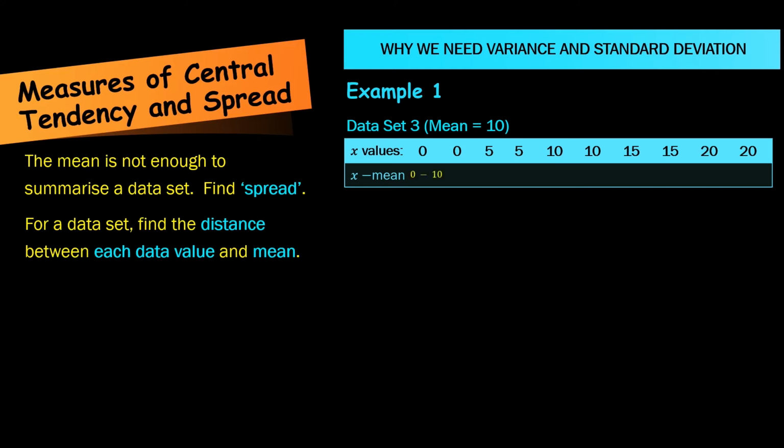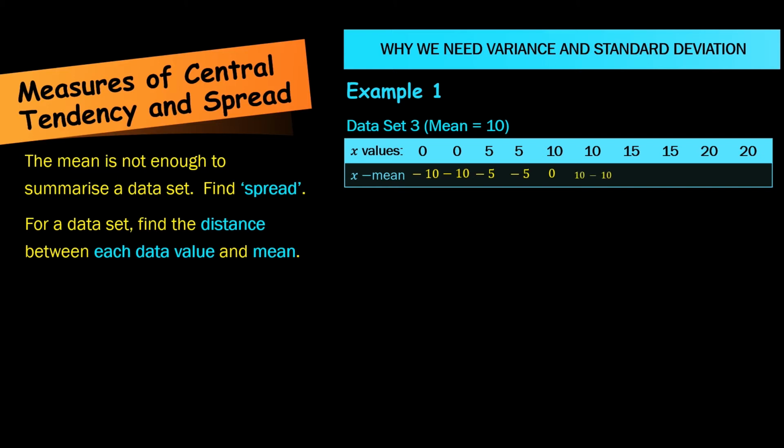So for the first data value, we have 0 minus 10. And also for the second. For the third data value, we have 5 minus 10 to give minus 5. Similarly, minus 5 again. And then 10 minus the mean, which is 10 minus 10, 0.